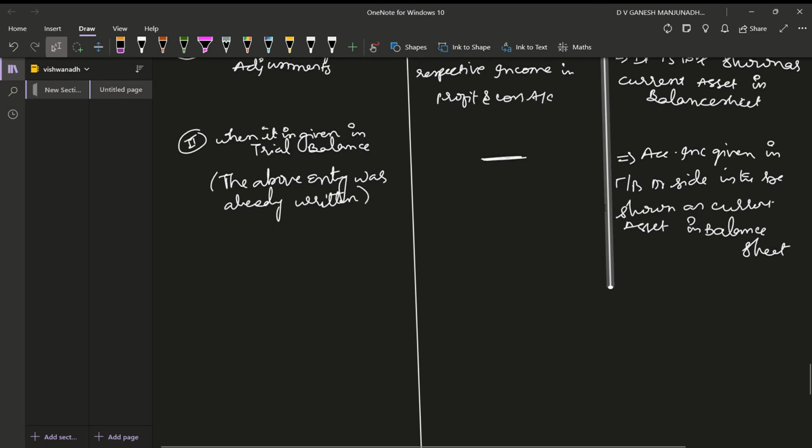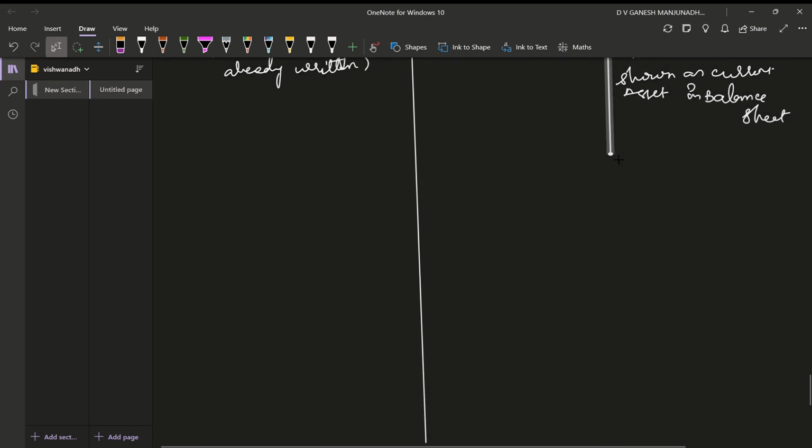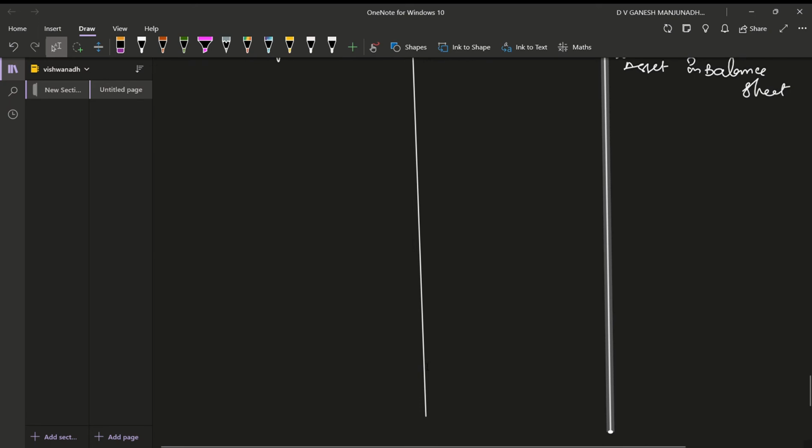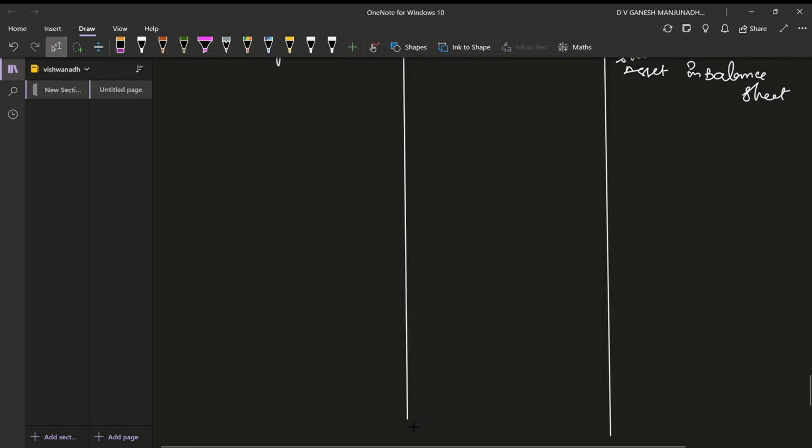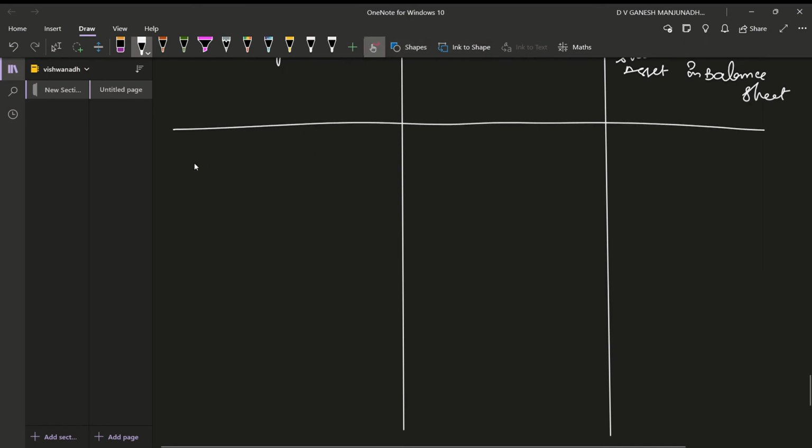I think in accounts all adjustments are simple actually, but we have to understand the impact. If we know the impact and also the balances that it would be showing, then it would be simple. So now comes the fourth adjustment regarding the incomes.